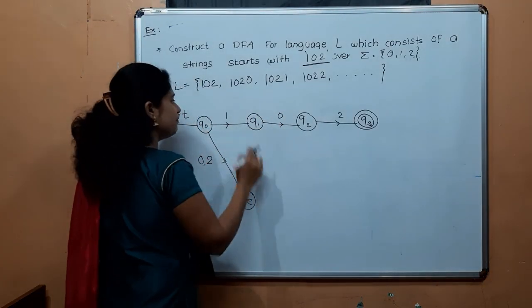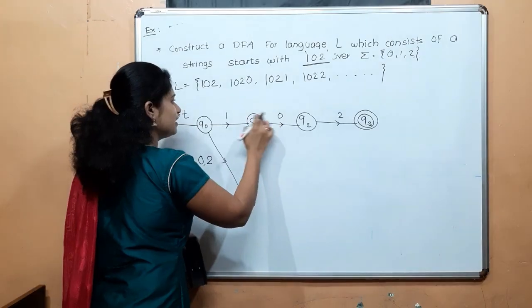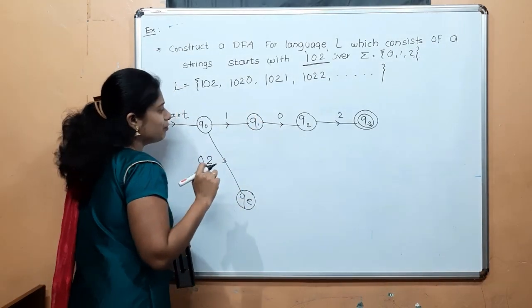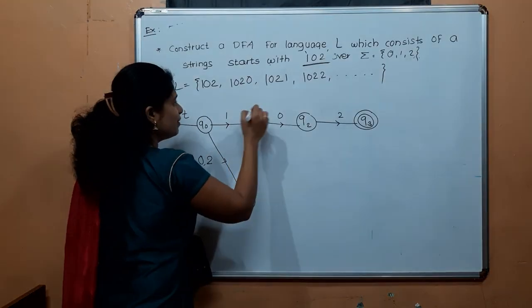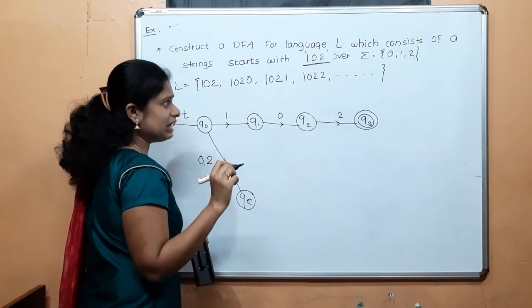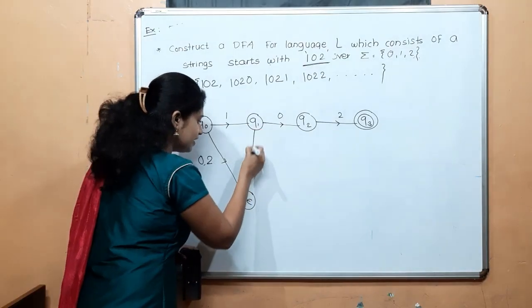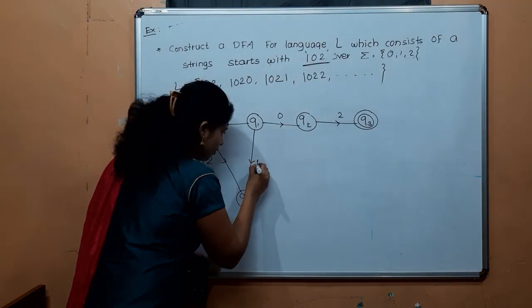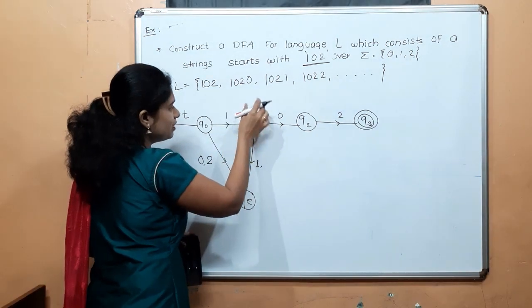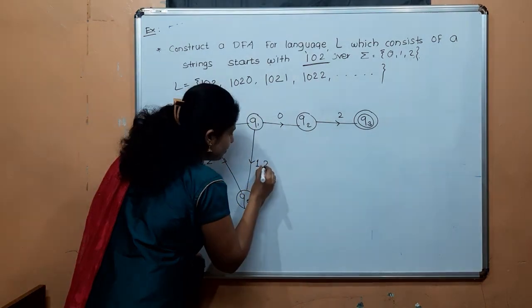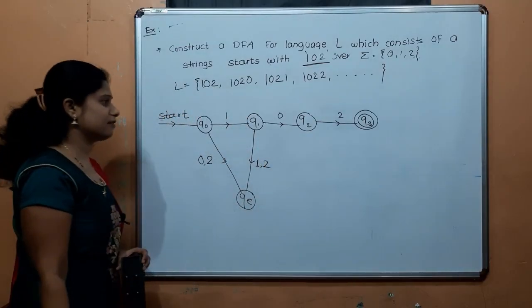Now, if 1 occurs between these two symbols, then what do we do? If I give a self loop here, then it starts with 1 1 1 1 0 2, which is invalid. That's why here we give the 1 to the dead state. If 2 occurs between these two, then again it is invalid. That's why here we give the 2 also.